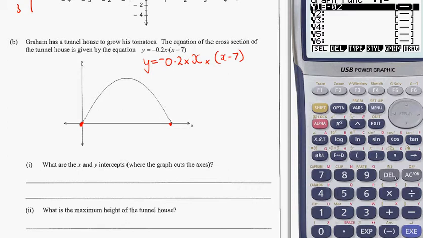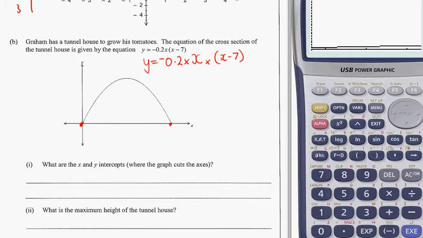And of course it's not working very well. -0.2 times the x value times bracket x minus 7, close the bracket. You need to press very hard on this, and we'll ask it to draw that.